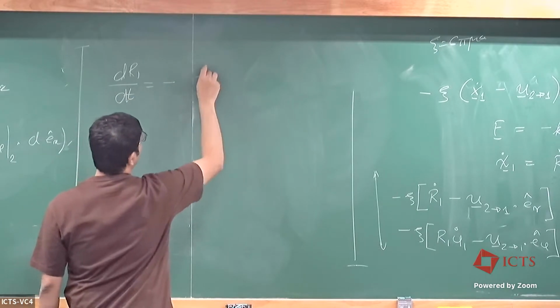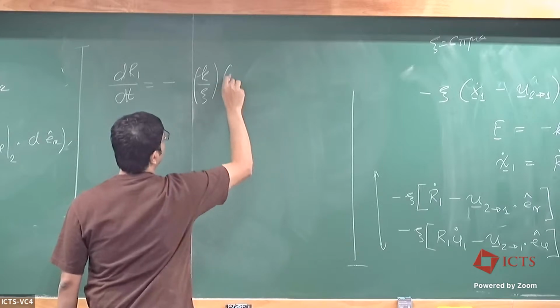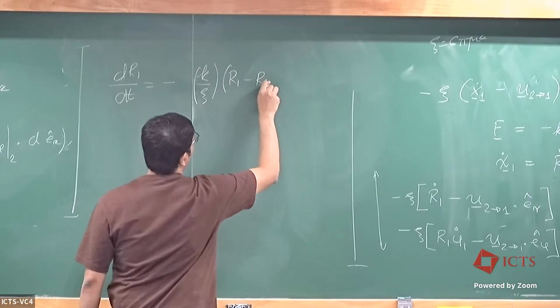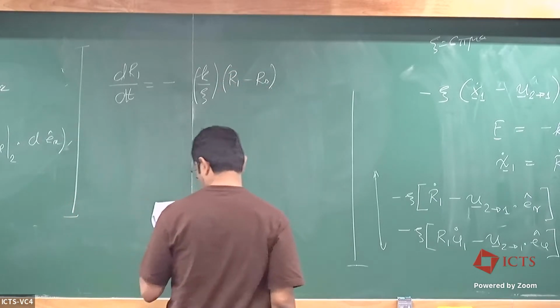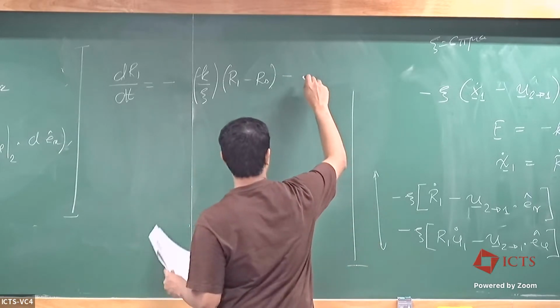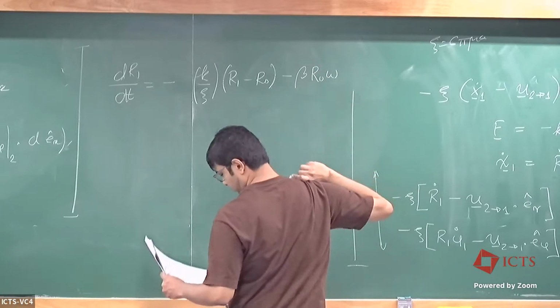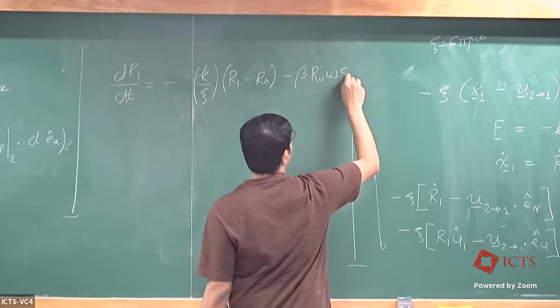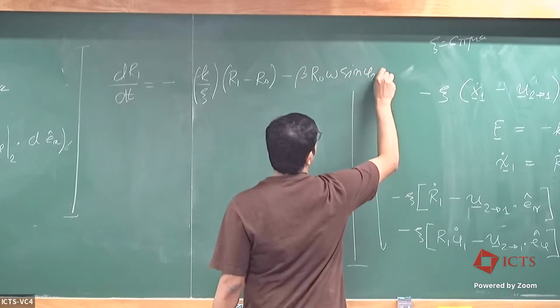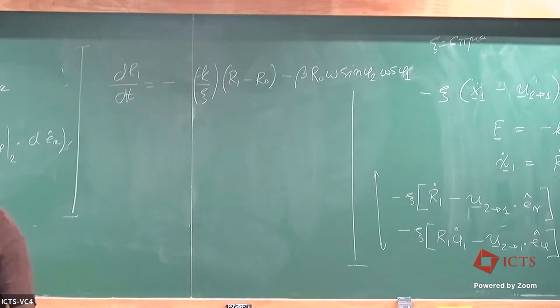Minus k over zeta times R1 minus R naught. And then if you do this calculation, it comes out to be beta R naught omega sine phi2 sine phi1.